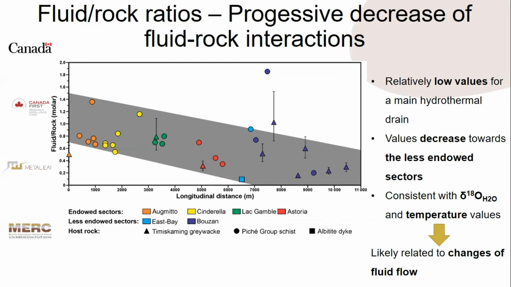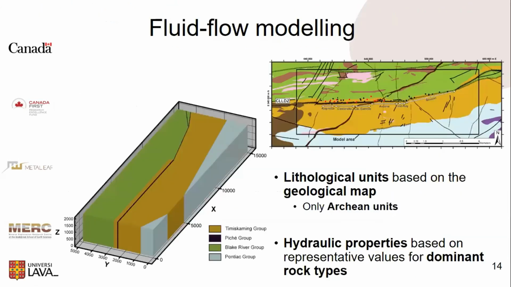But what's interesting here is the values decrease towards the less endowed sectors, except for two outliers, which is consistent with the lower delta 18O and temperature values. And they both likely reflect changes of fluid flow.